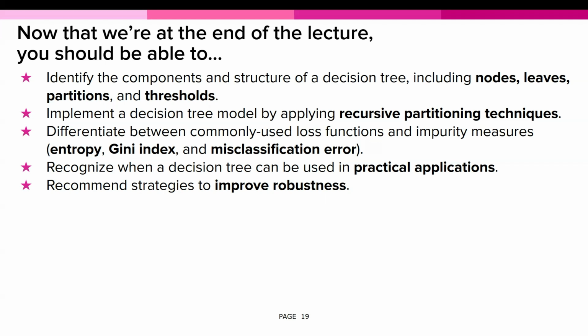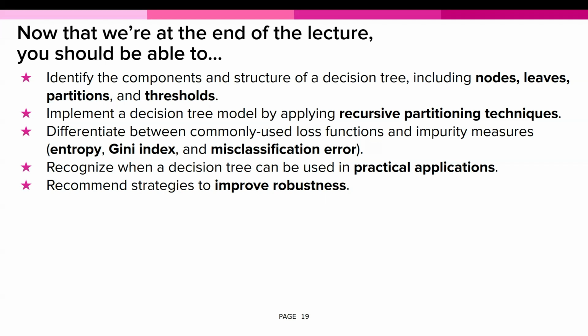And last but not least, we also talked about ways to improve robustness by introducing regularization and hyperparameter tuning of alpha using cross validation to make sure that we haven't overfit to the data set. So we talked about what regularization looks like for decision trees, and it's a little bit different from what we've seen with regression.